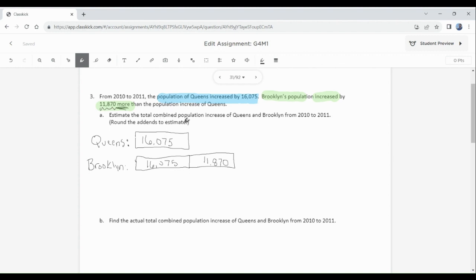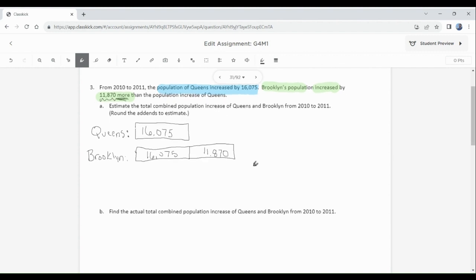Okay, so now it asks us to estimate, and let's round to the nearest 1,000 in this case. So we could say Queens' population increased by about 16,000. 16,075 would round to 16,000. That's the same number down here.